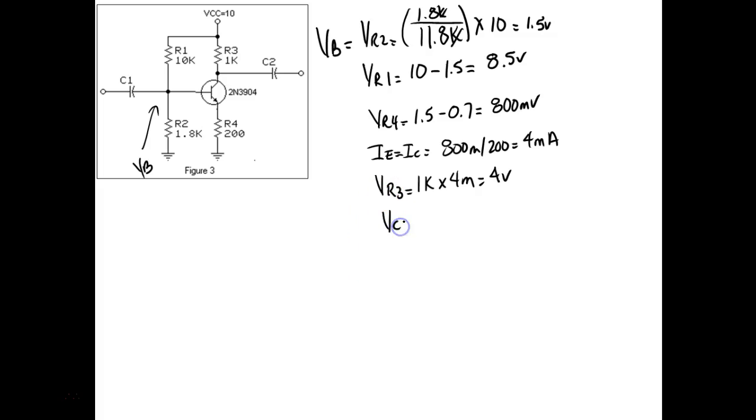Then VC would be equal to 10 minus 4, so that's going to be equal to 6 volts. Voltage collector to emitter would be equal to 10 minus 6 minus 0.8, right?